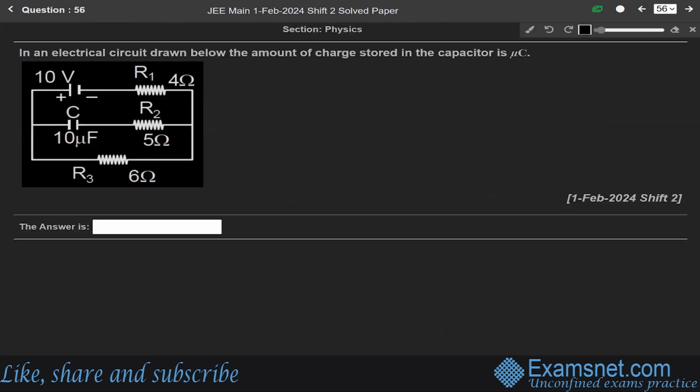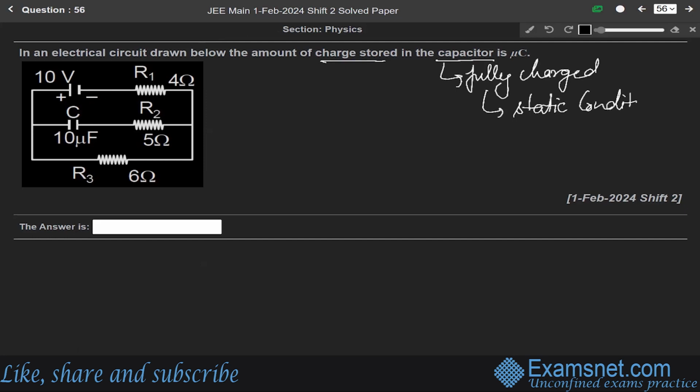Now, next question 56. In an electrical circuit drawn below, the amount of charge stored in the capacitor is microcoulomb. We have to find the amount of charge stored. So to find it, we know that at first the capacitor is fully charged. When the capacitor is fully charged, we say that it now comes under static condition.